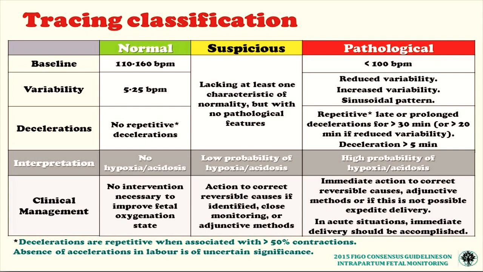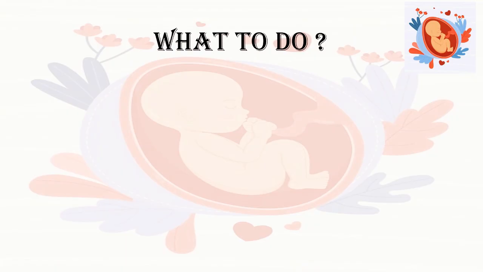This suggests high risk of fetal hypoxia or acidosis, and immediate action needs to be taken to correct the reversible causes along with adjunctive methods, and if in the end nothing is corrected, then we might need to terminate the pregnancy as well. So, what are all the actions that can be taken in a suspicious or pathological situation?